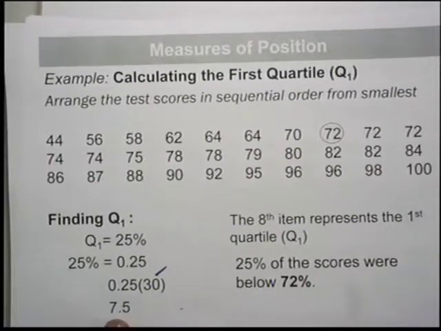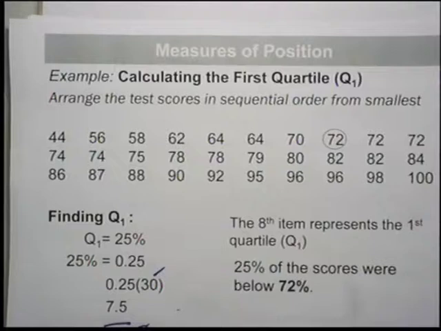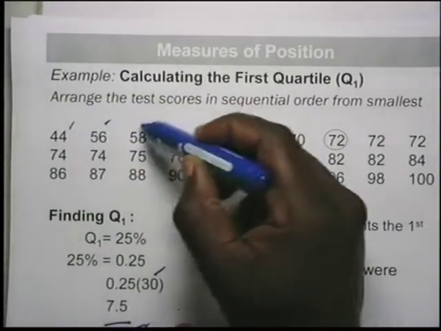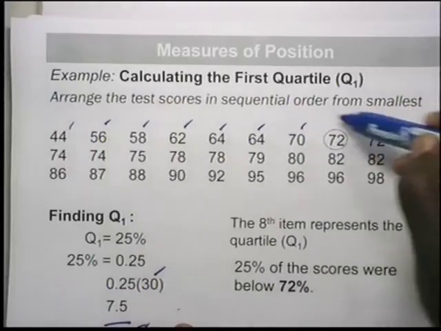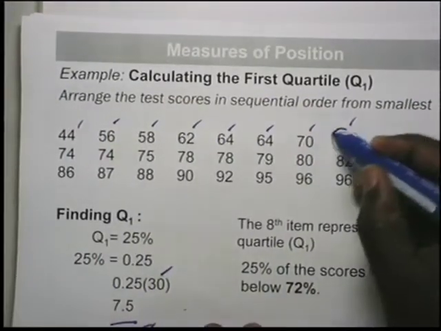What does that mean? We round this up, it gives us 8. This 8 simply means that the 8th number in this array of data is what we are interested in. That becomes our first quartile. If you count 1, 2, 3, 4, 5, 6, 7, 8, you get to 72, which I've circled here.